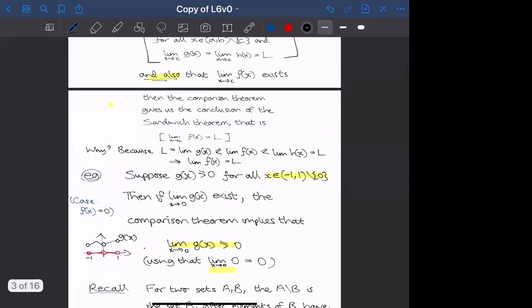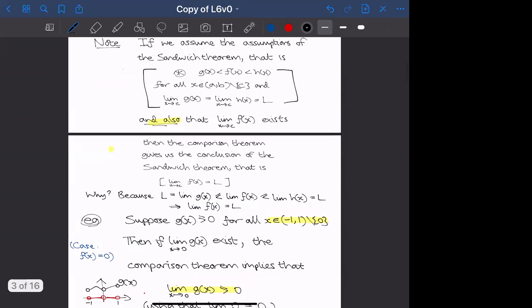So we do need the limit of f(x) to exist to deduce the sandwich theorem from the comparison theorem. That's my point. So it's an easy mistake to make to think that you don't need the limit to exist, but we do need the limit to exist.